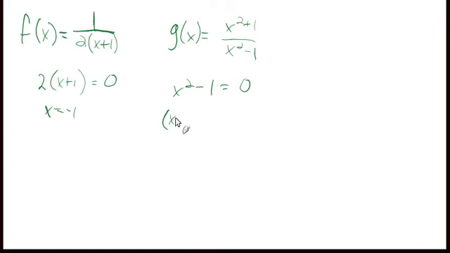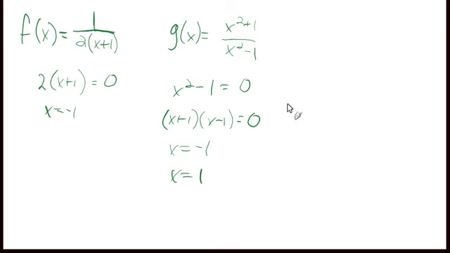So let's factor. And so whenever x is equal to -1, whenever x is equal to +1, we've got this function blowing up, so possibly we have some vertical asymptotes here at these points. It turns out they're vertical asymptotes.